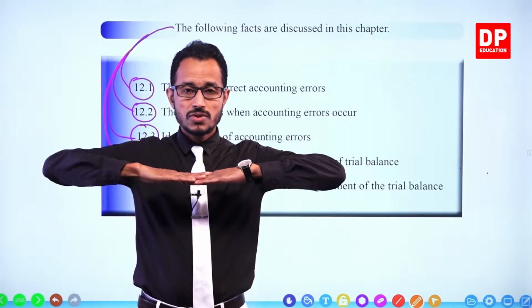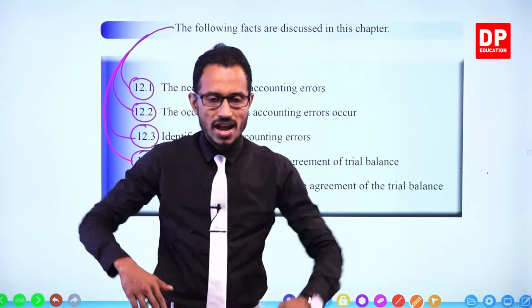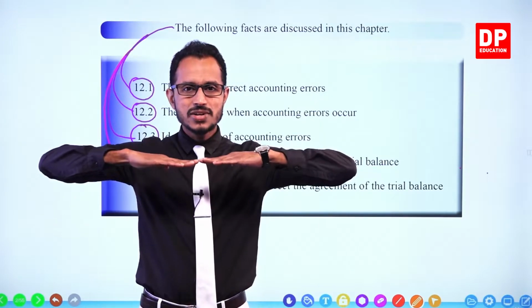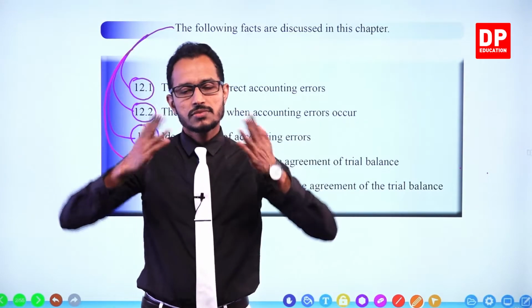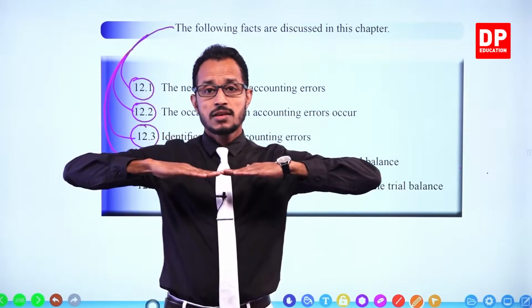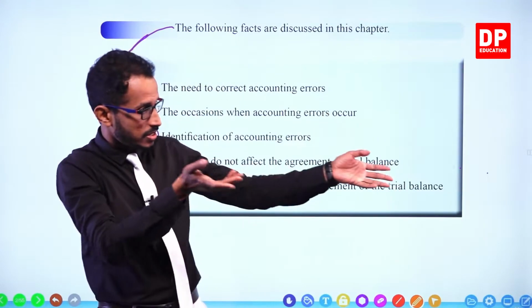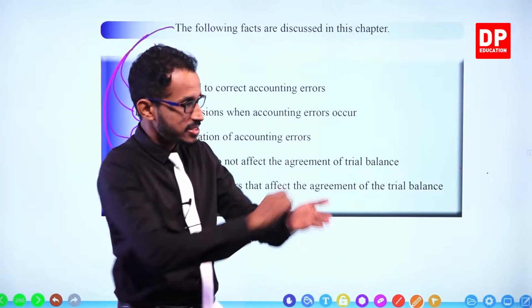The trial balance should agree. What is the meaning of agreeing the trial balance? Does the trial balance go somewhere and talk to someone in the business and sign an agreement?